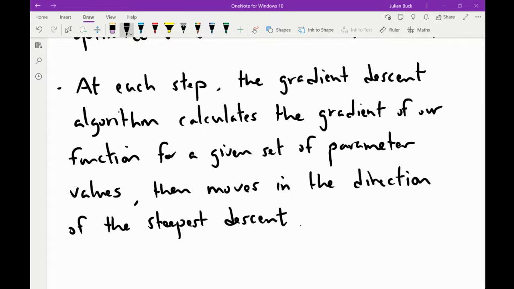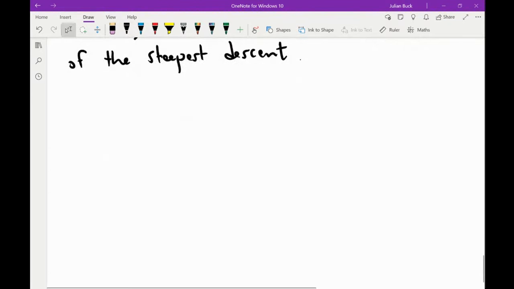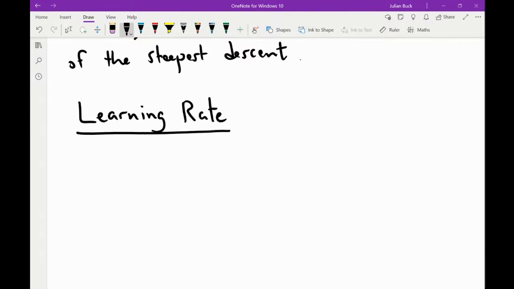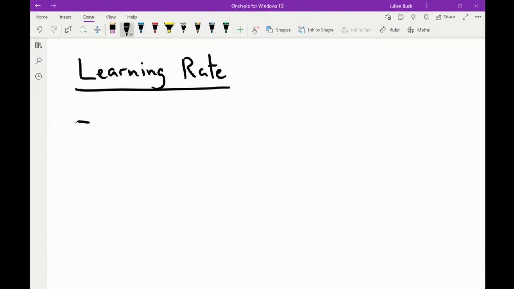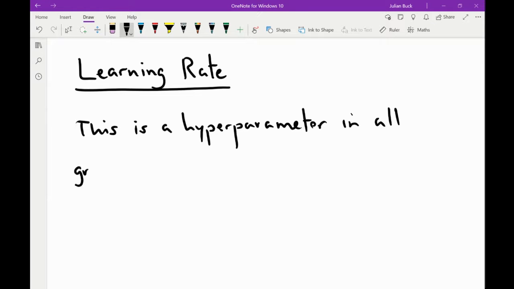First, we want to talk about, just in general, how quickly do these algorithms work? And this leads to a hyperparameter, an important one, which is called learning rate. Okay. So this is a hyperparameter in all gradient descent algorithms, not just for gradient boosting, but anytime this optimization process is used.